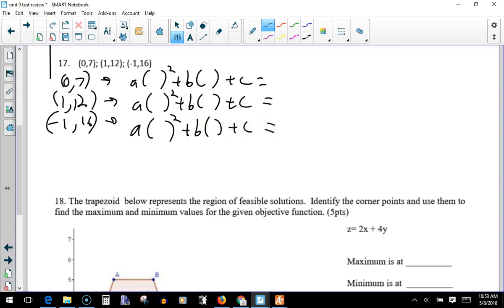Now you just plug the x in. So this is 0, 0, and then y. X, x, and y. X, be careful, that one's negative. X and y.